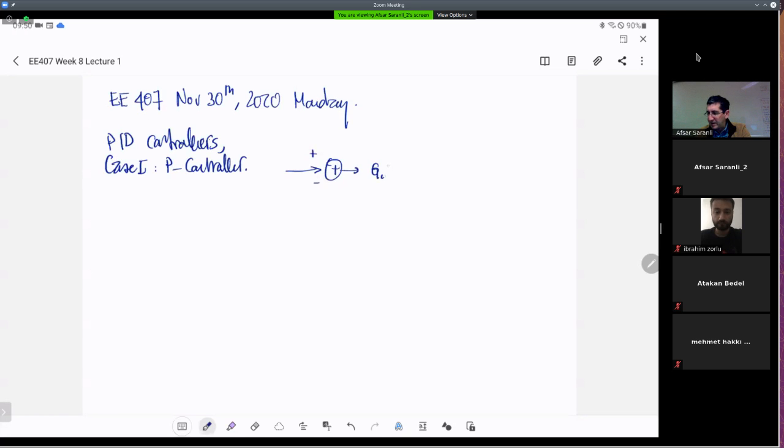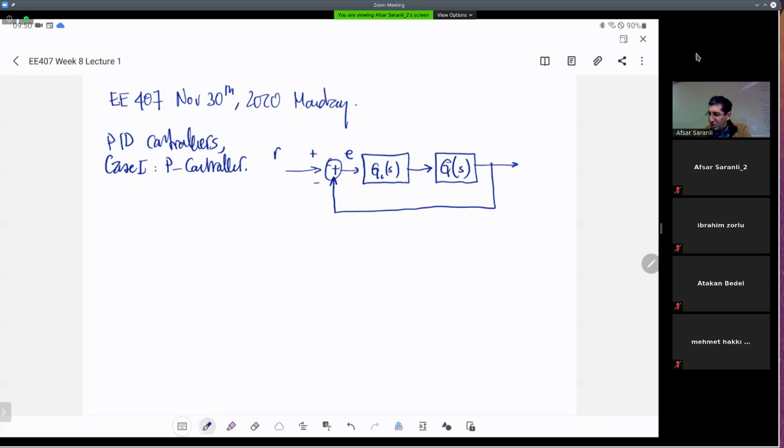We are considering that our controller is just in front of the plant, which is often the case, because the controller is actually acting on the error signal E. We have a reference signal, we measure the system output and compare it with the reference to generate the error signal. And we had also G of S given by a particular example where we had two stable poles, S plus 1, S plus 2.